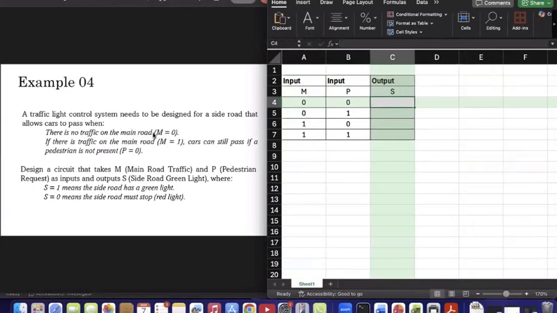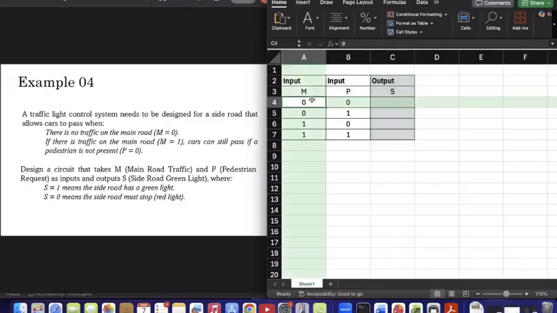A traffic light will work as it is if there is no traffic on the main road. What is the meaning? If there is no traffic on the main road, M is equal to 0. The green light will be on, which means the passengers can go. No problem. There is no traffic, so they can go.